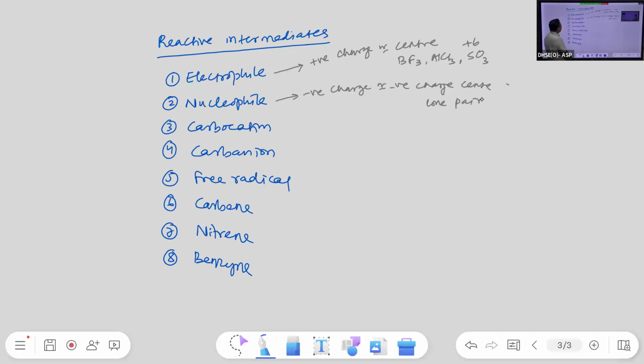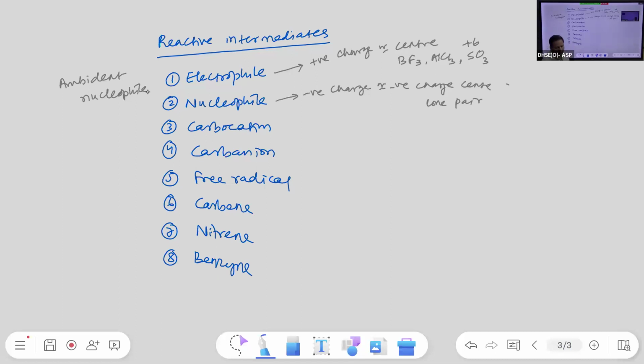Now the ambident nucleophile. So what is the meaning of the word ambi? Ambi means confusion.